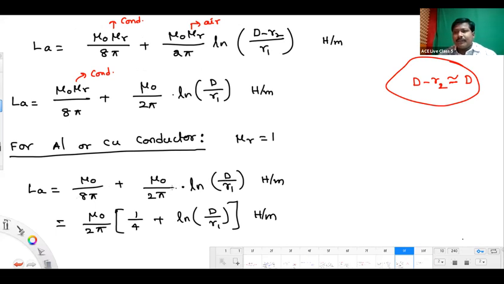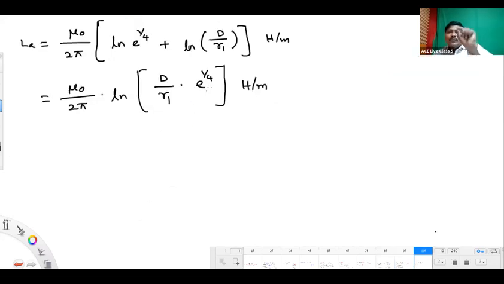Whenever we are adding this internal term to the external, inside this natural logarithm we are getting D by R1 into e power 1 by 4. Simple. Okay. Now tell me, with what do I have to attach this e power 1 by 4 constant? With the distance or with the radius? With which term among these two do I have to attach this e power 1 by 4?